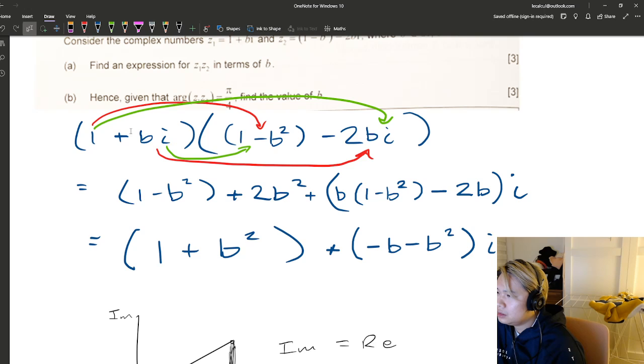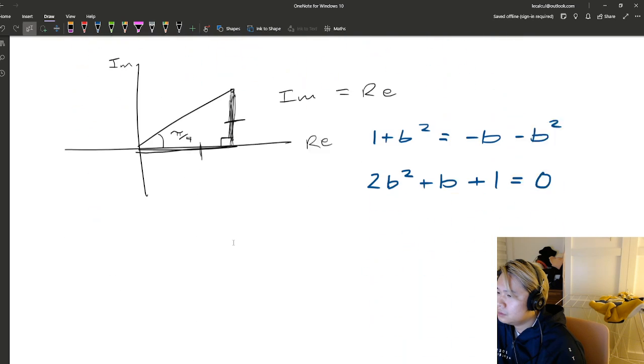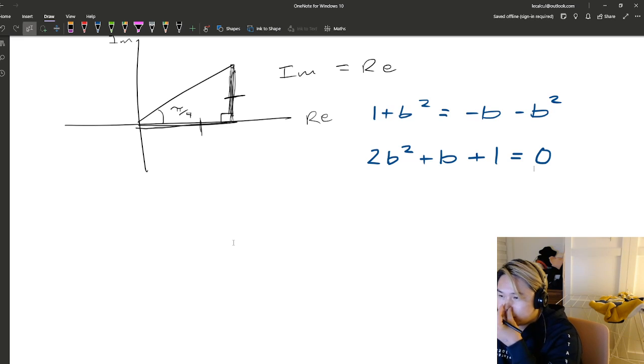Okay. Yeah, I don't know. There should be two values of b.